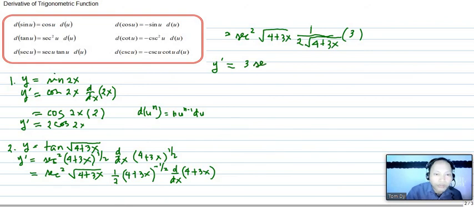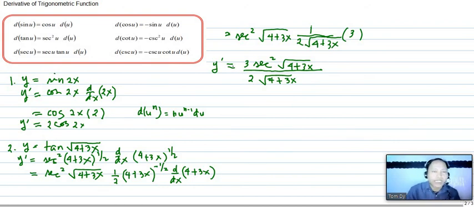So I have secant squared of the square root of 4 plus 3x divided by 2 times the square root of 4 plus 3x. Okay, that is how we take the derivative of this function, tangent of the square root of 4 plus 3x.